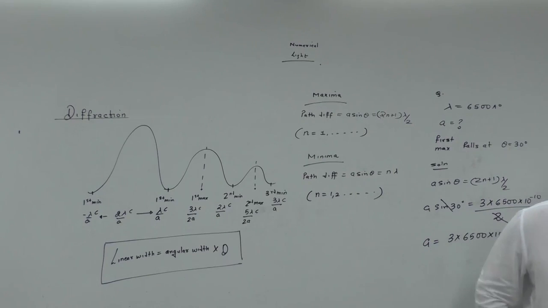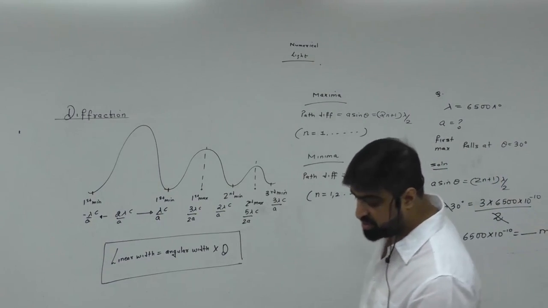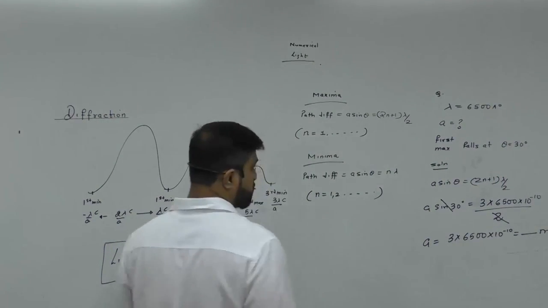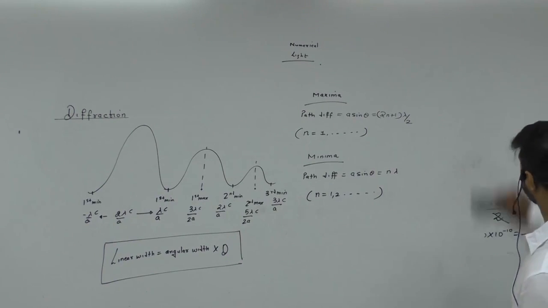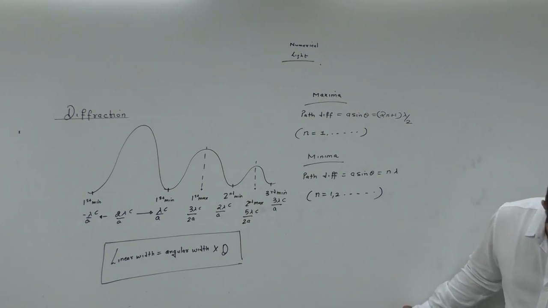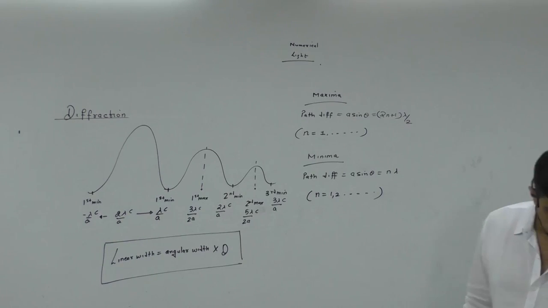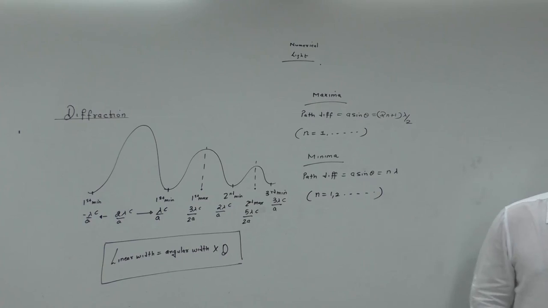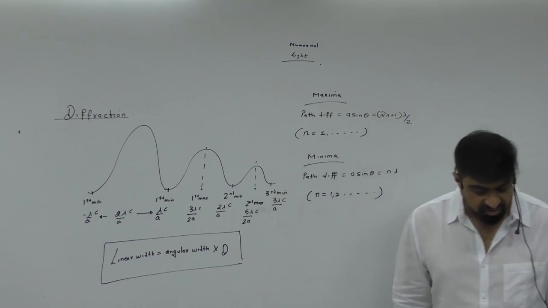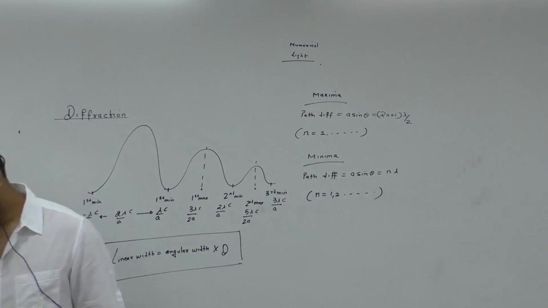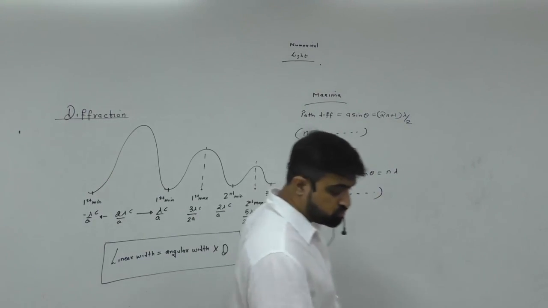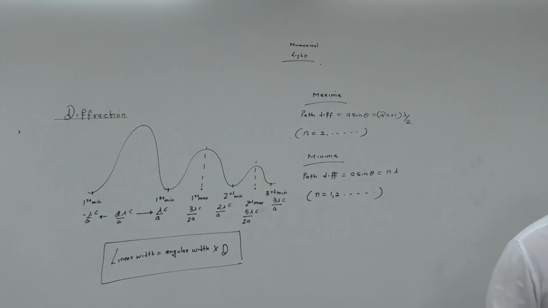Next question. The first minima of lambda 1, where lambda 1 is 6,000, coincides with the first maxima of lambda 2.